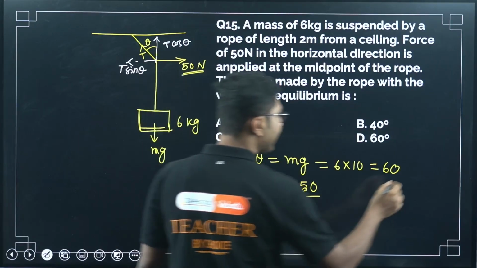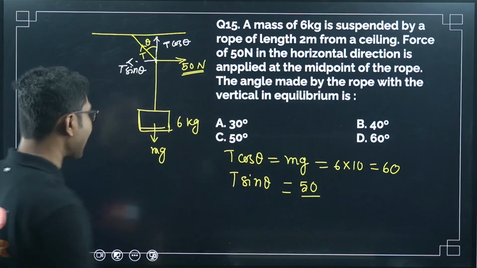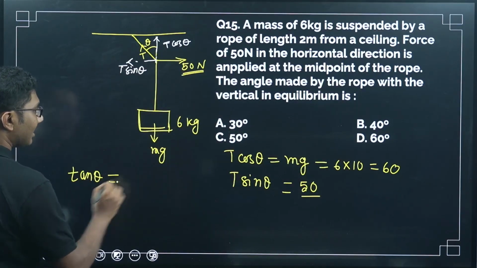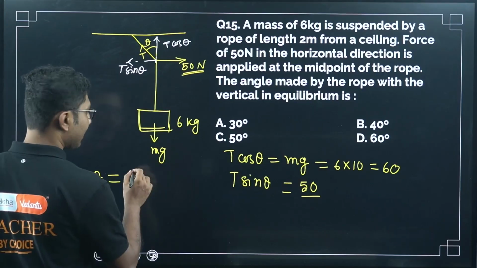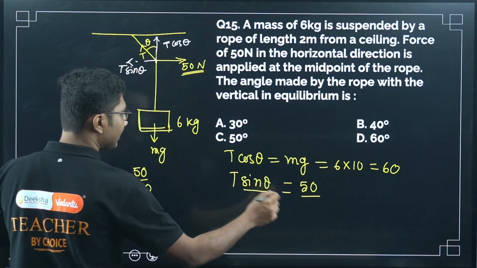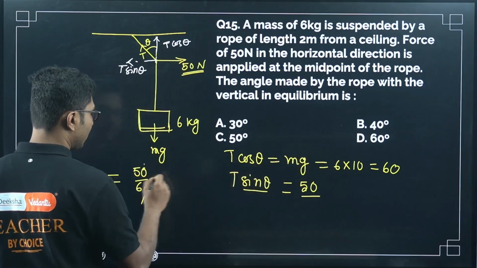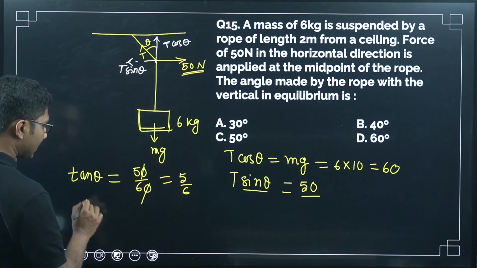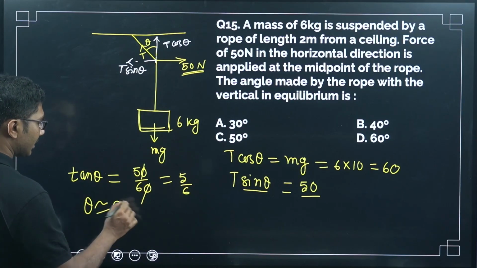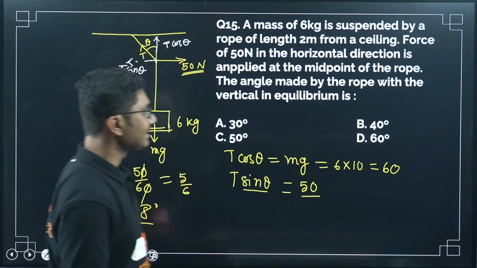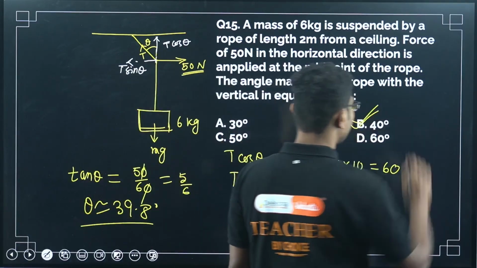Now you divide T sin theta by T cos theta, then you will get tan theta. T will cancel. So it will be 50 by 60, which is 5 by 6. If you take the tan inverse, you will get almost 39.8 degrees, which is close to 40 degrees.